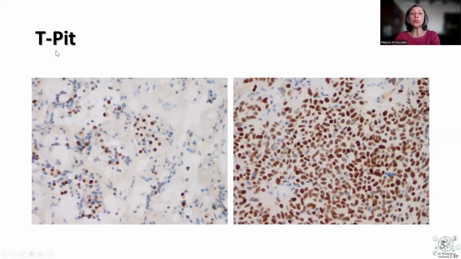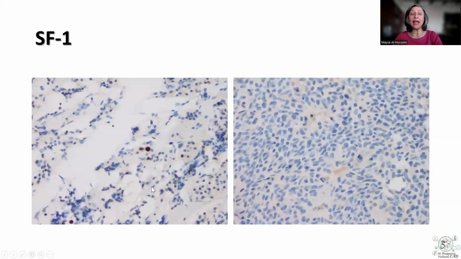Now, TPIT, which is usually the transcription factor that we see with corticotroph, this is positive in the tumor cells in the presence of internal negative control that would be consistent with the presentation of the patient. And this is the normal, again, highlighting the corticotroph cells that are present in the normal pituitary gland.